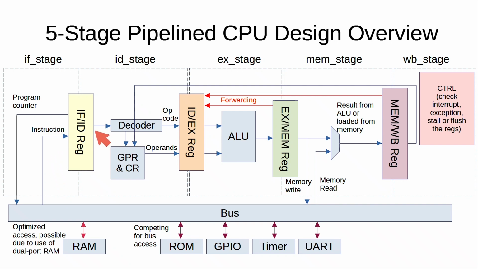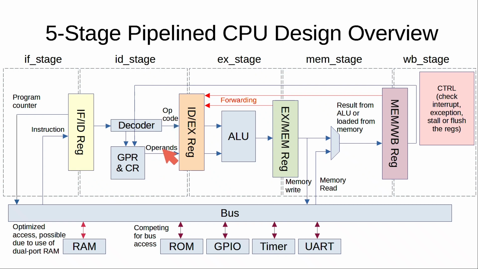And then we can pass the instruction into the next stage, which is the instruction decode stage. In this stage, we have a decoder to decode the instruction into the opcode and also the operands. And the operands can come from the general purpose register or control register or immediate values.